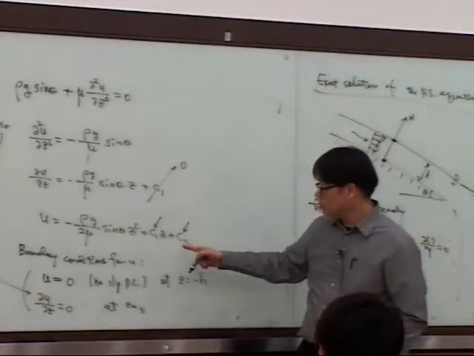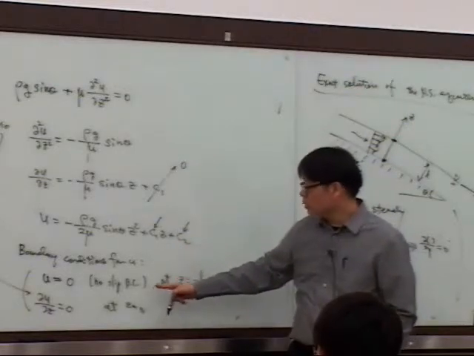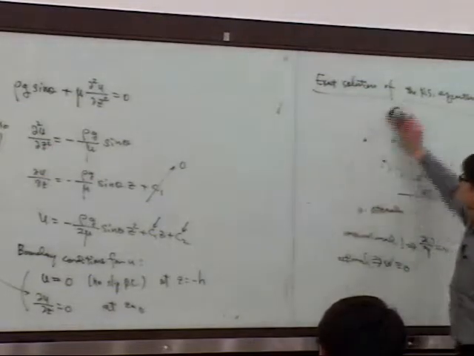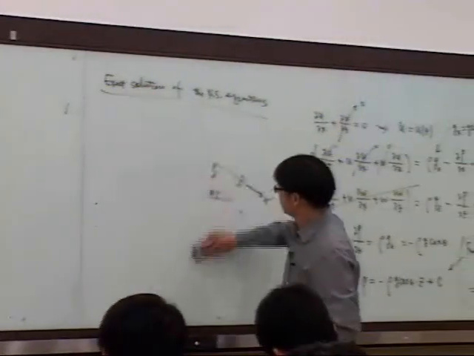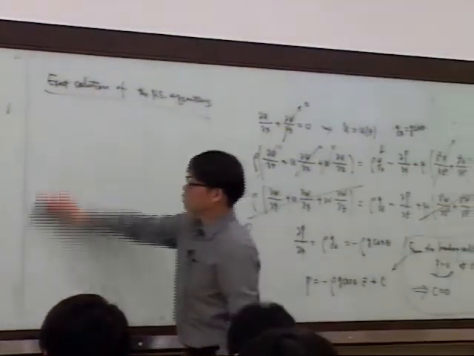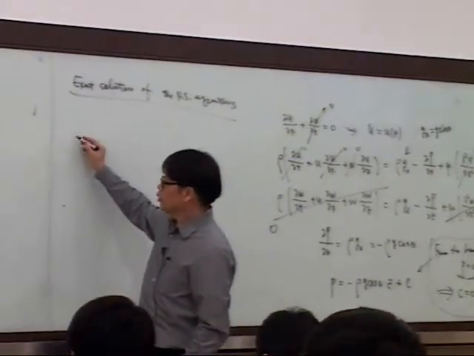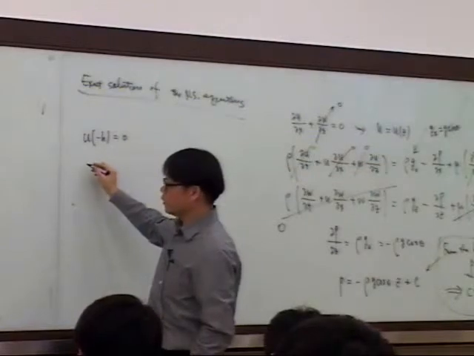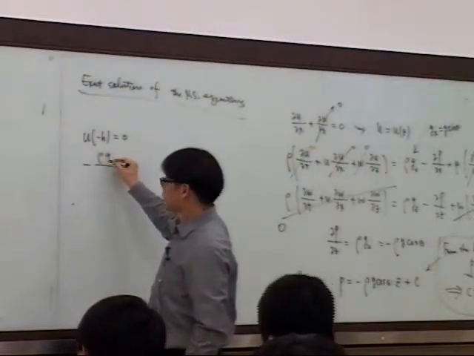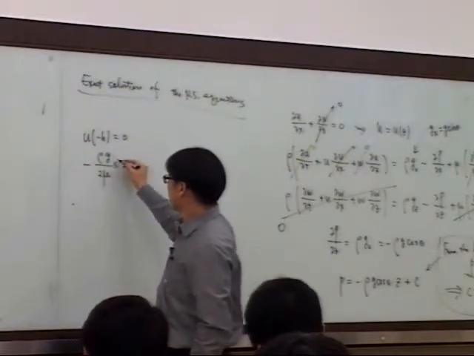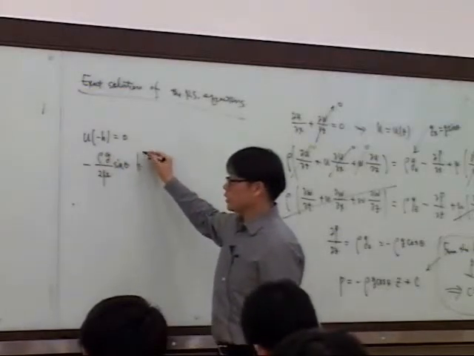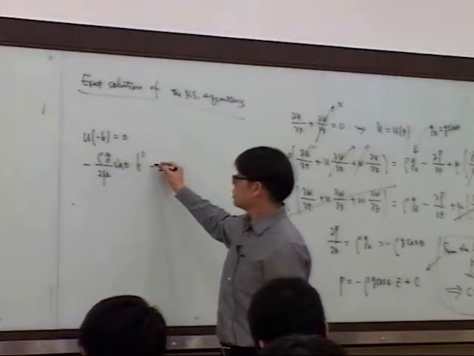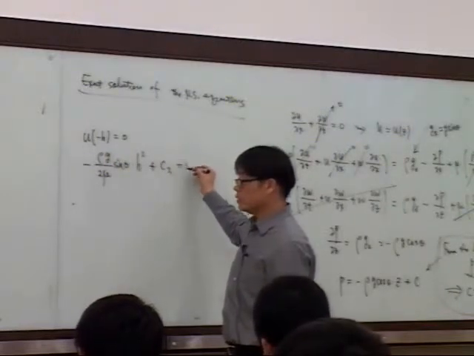And then I have to substitute this boundary condition to get C2. So U at minus H is equal to 0, and therefore rho g over 2 mu sine theta H squared plus C2 has to be 0.